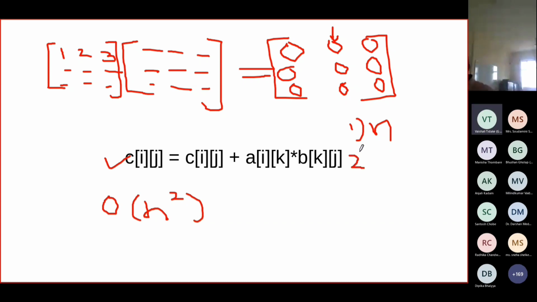Second option: instead of using 9 threads, I will use one thread for each row. That is, one thread is going to calculate all the elements in the first row. Then a second thread is going to calculate all the elements in the second row. Then the third thread is going to calculate all 3 elements in the third row.